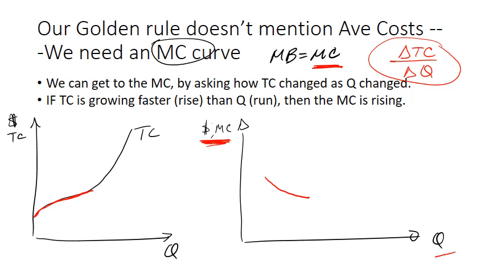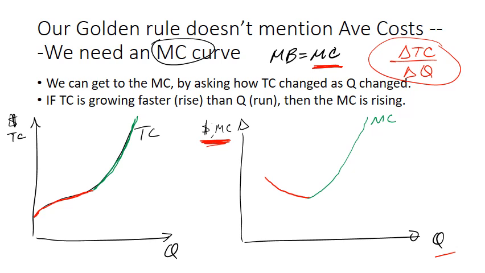Eventually, the total cost curve starts to increase at an increasing rate. In other words, it starts getting steeper and steeper, like this green section. And when that's the case, you are going to see that the MC curve starts shooting up like this. That is always going to be the general shape for the marginal cost curve under normal circumstances, and it's going to be hugely important for us later.